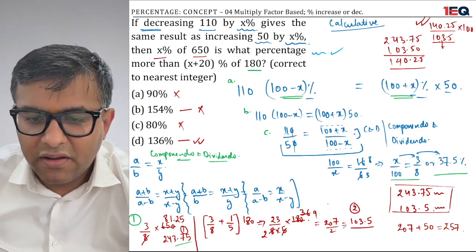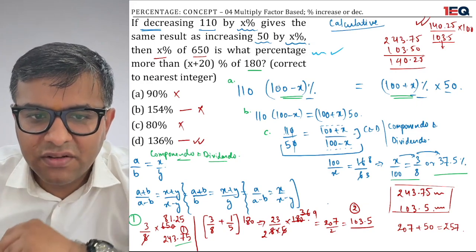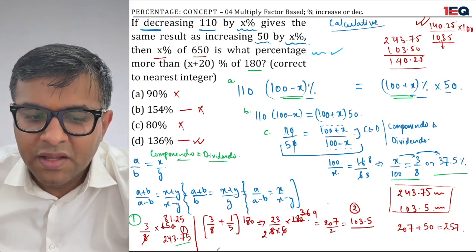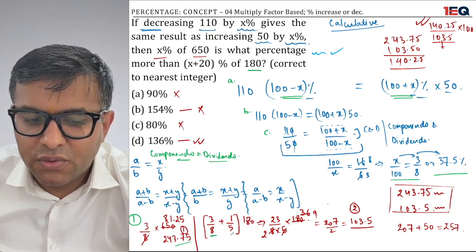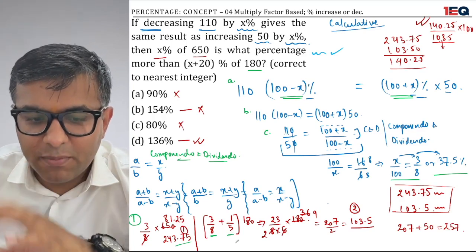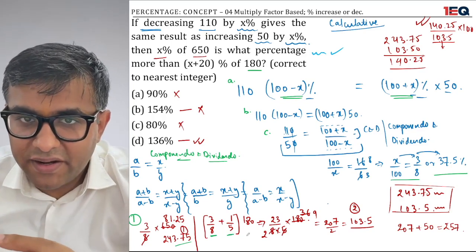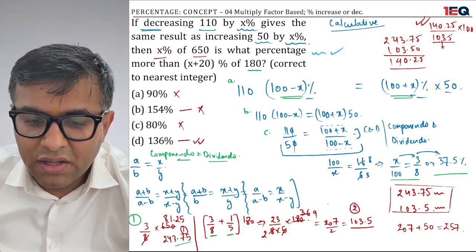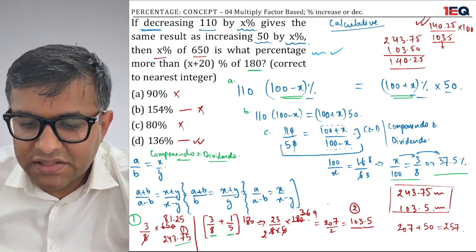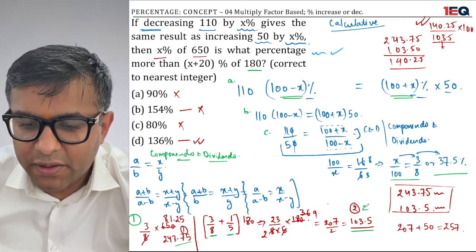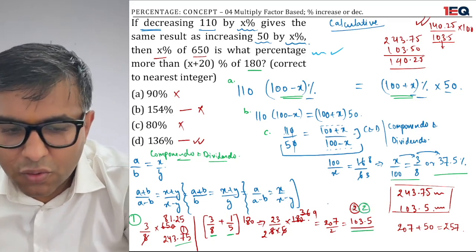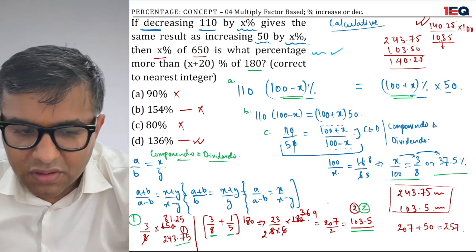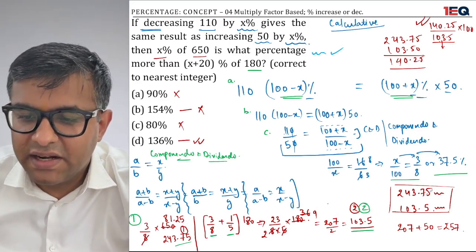And then I went on to the second equation, which was related to 180. Here also, I still used fractions. 3 by 8 plus 1 by 5 multiplied by 180. Moving on, I did a quick calculation and I achieved the result, which was my second equation. Here I have written 2, here I have written 1. So I have the first answer and I have the second answer.